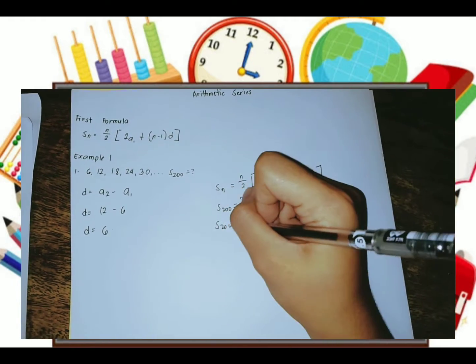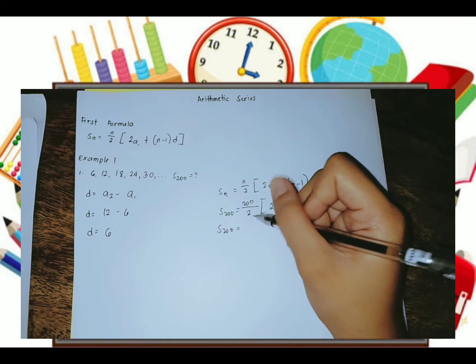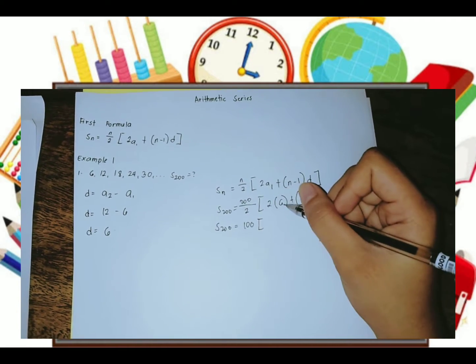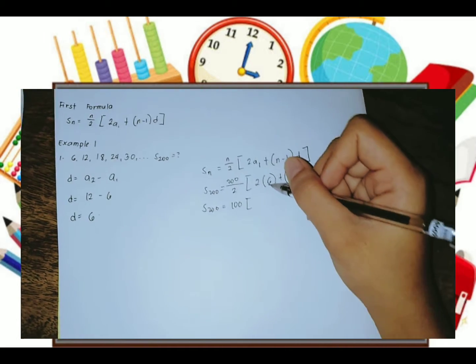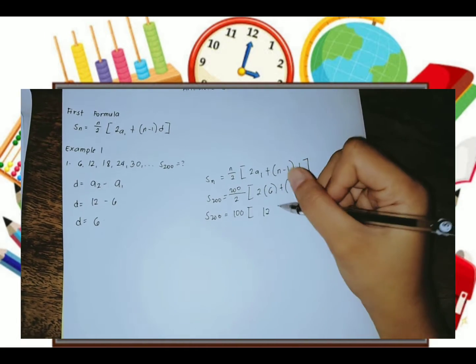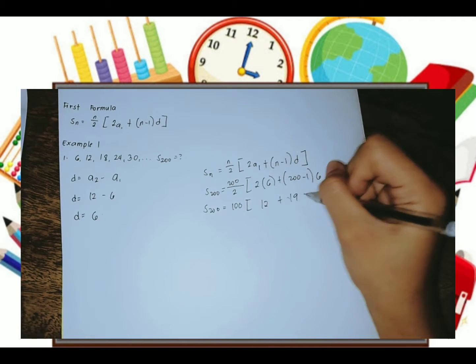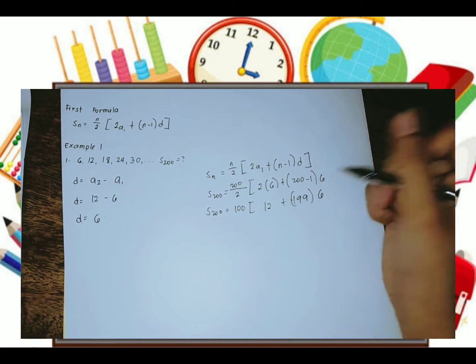So S sub 200 is equal to 200 divided by 2, which is 100, times the quantity 2 times 6, which is 12, plus 200 minus 1, which is 199, times 6.